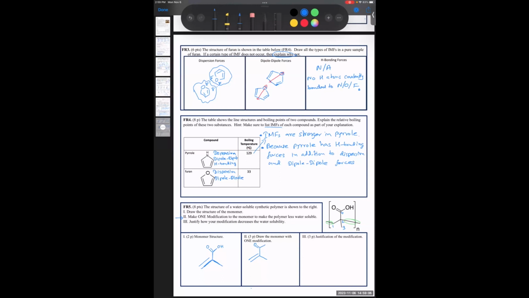All right, so that's what I'm going to justify here. I'm going to say that replacing the OH group with CH3 group makes it less polar with less H bonding sites.